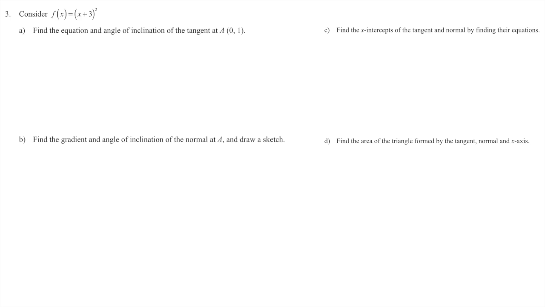Example number 3. So let's have a look and see what's going on with example 3. First one says, find the equation and angle of inclination of the tangent at 0, 1. Okay, so to find the equation of the tangent, I need to find the equation of a line.